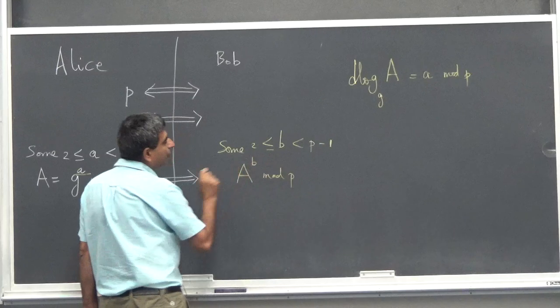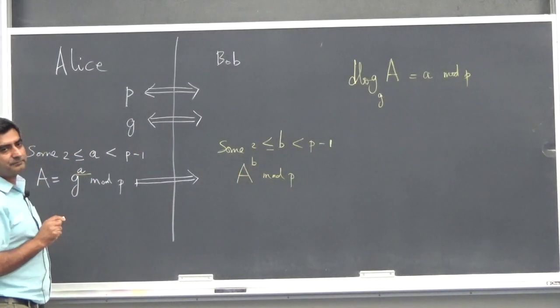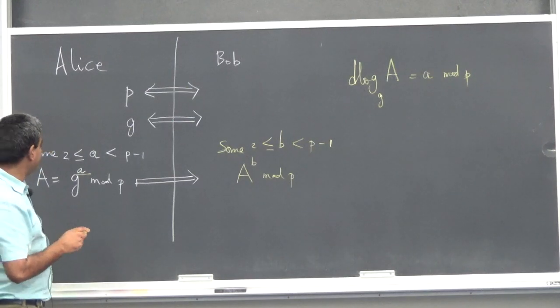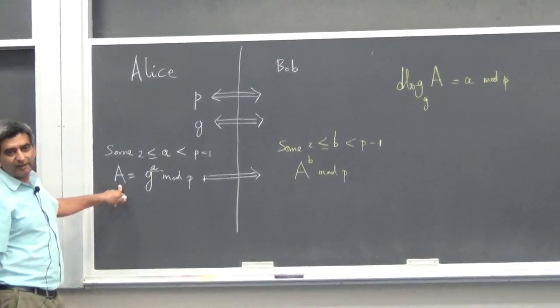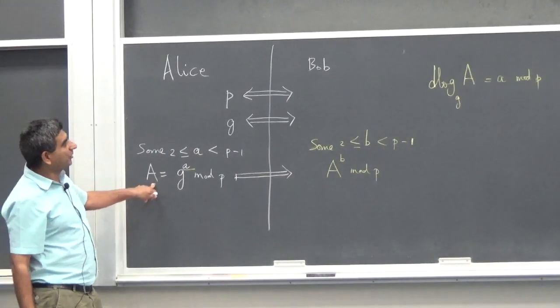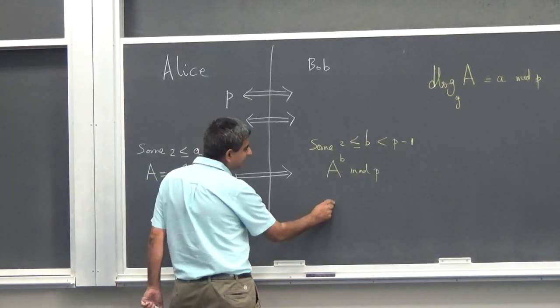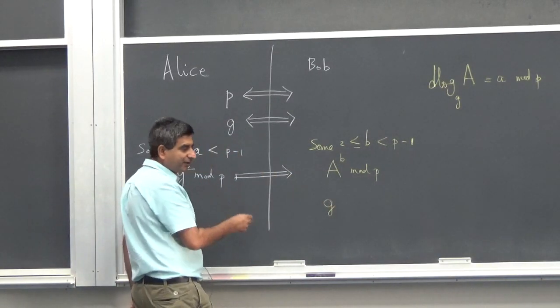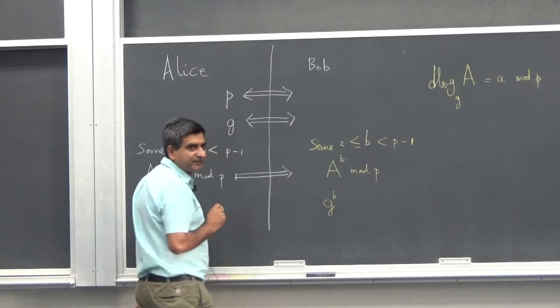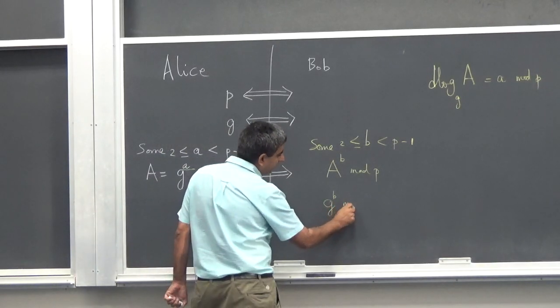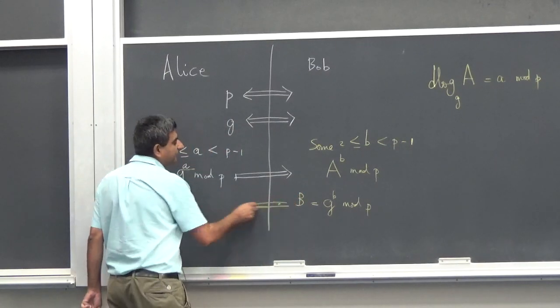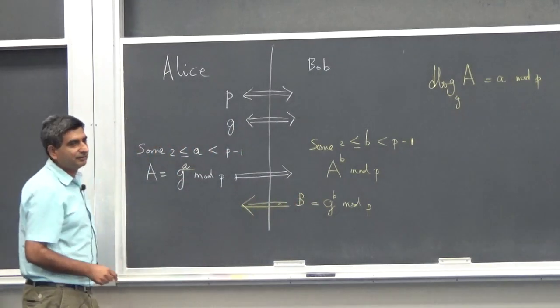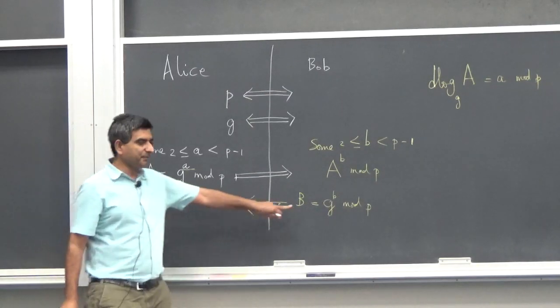Everything is modulo p. The other thing that Bob does is, just like Alice has created her own A, Bob takes the shared G, exponentiates it with respect to b, mod p, calls this capital B, and shares this with Alice over the public channel.